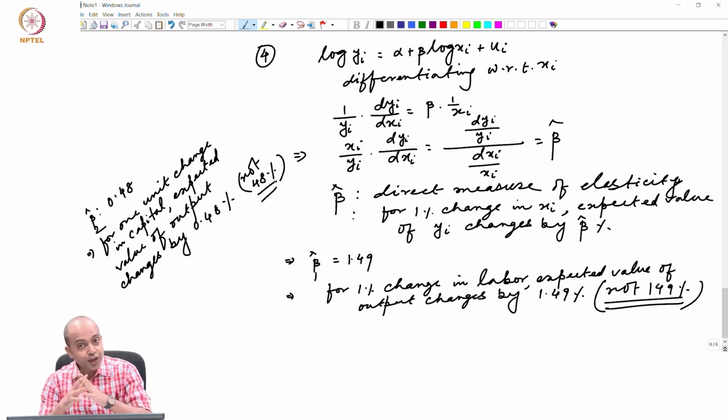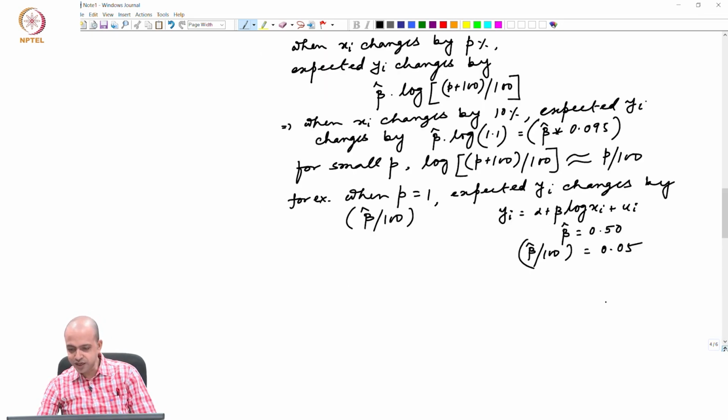So, this is a very important topic, as I said, this logarithmic transformation. First of all, why logarithmic transformation is required, and secondly, if you transform either your dependent or independent or both variables in log, what is going to be the interpretation. You have to clearly keep in mind this interpretation. The interpretation is very simple actually, though we have derived many things, at the end of the day it becomes very simple.